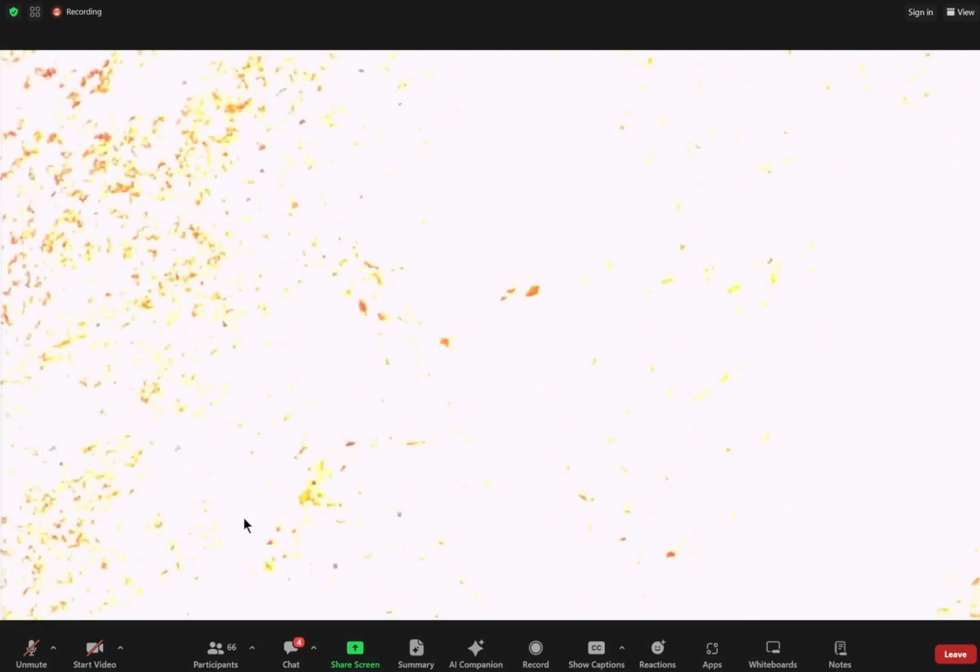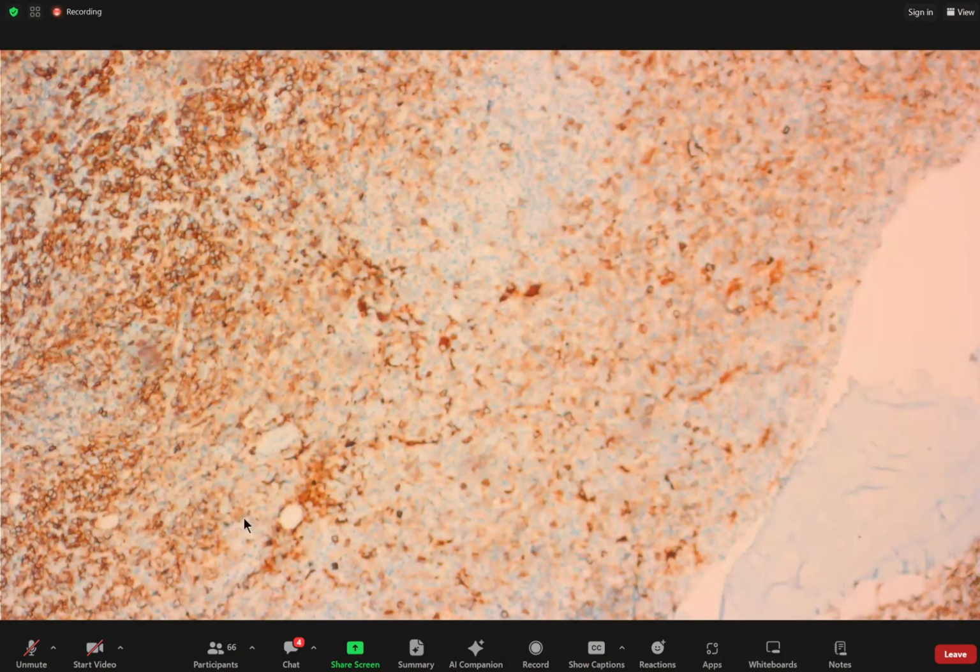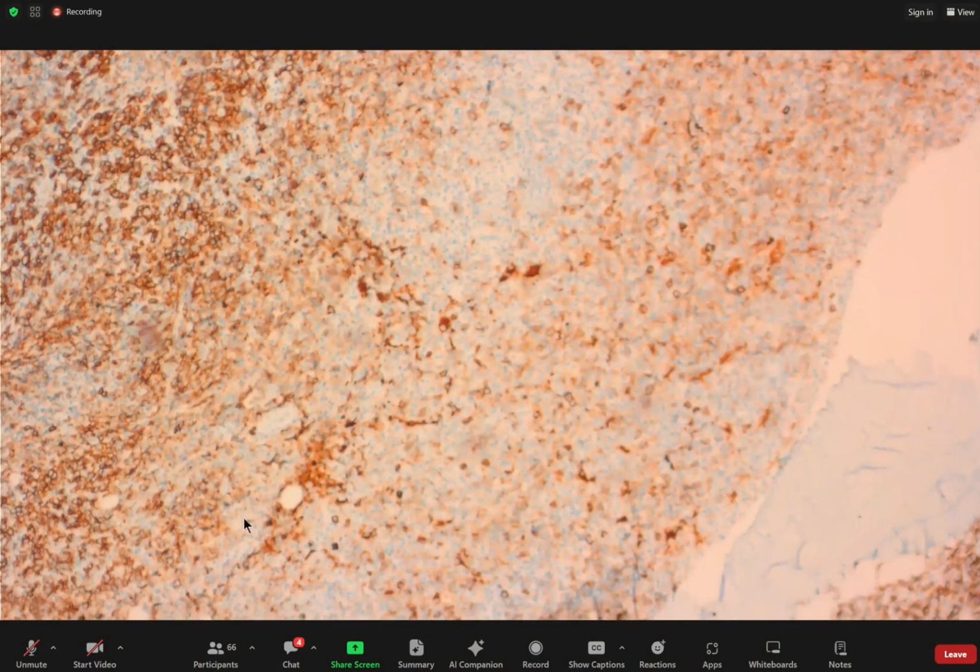So we actually have two populations of cells. One are CD20 positive, CD138 negative, whereas the other one is CD138 positive, but CD20 negative. But both pick up CD79.